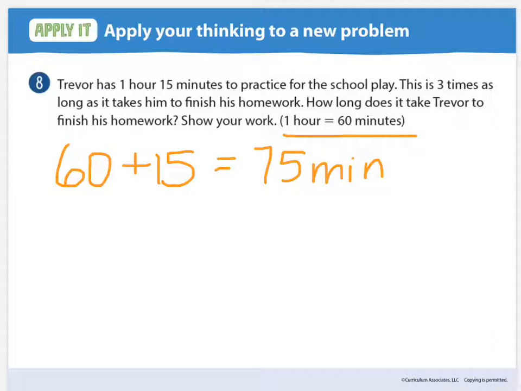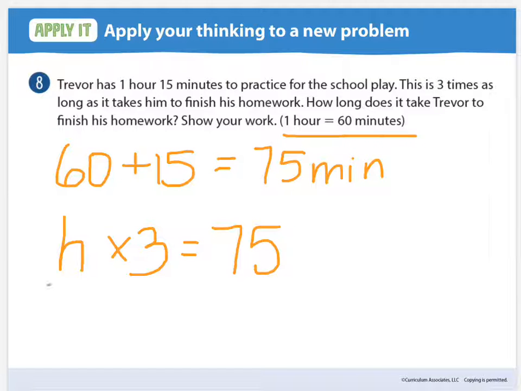the school play. We know that this takes him 3 times as long as it takes him to finish his homework. So however long it takes him to finish his homework, it takes him 3 times that amount of time to practice for the school play, and we know that he practices for 75 minutes.